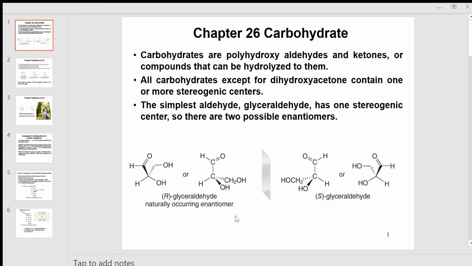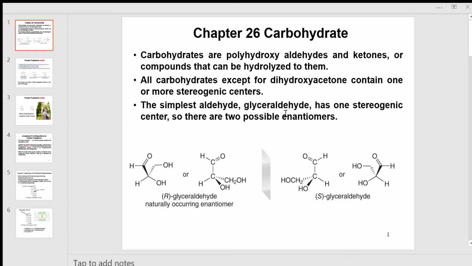But if you are really a chemistry major student, I think you probably don't need much about carbohydrate molecules for conventional organic synthesis. Well, carbohydrate, I believe everybody heard this term many times.